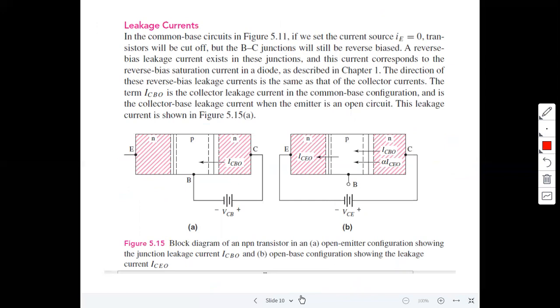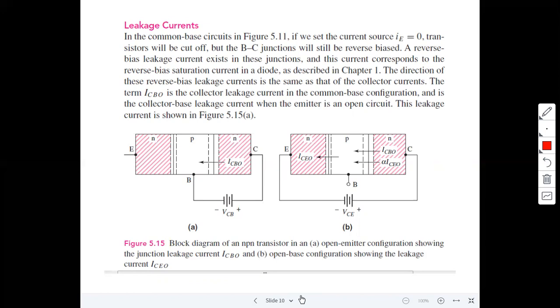Remember that, right? Minority carriers are very few compared to majority carriers, due to which a very small amount of current flows through the junction.